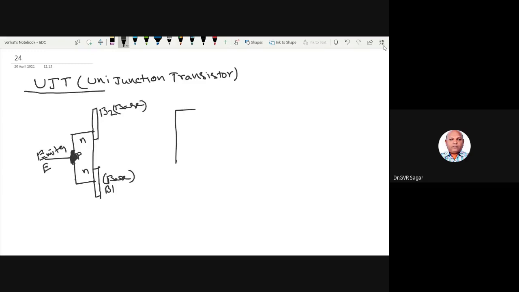This I can show in some other way, so now you can understand the operation better. This is the entire bar, and on it I am placing a P material here.